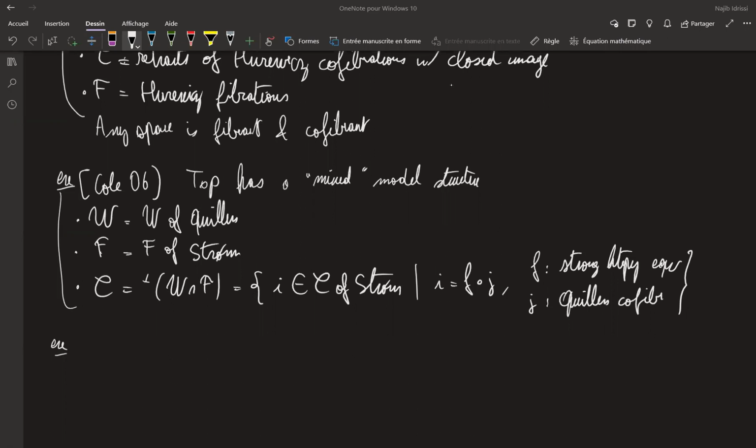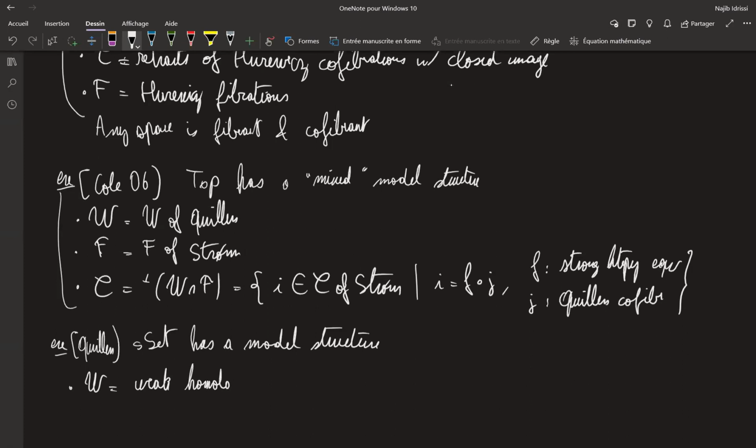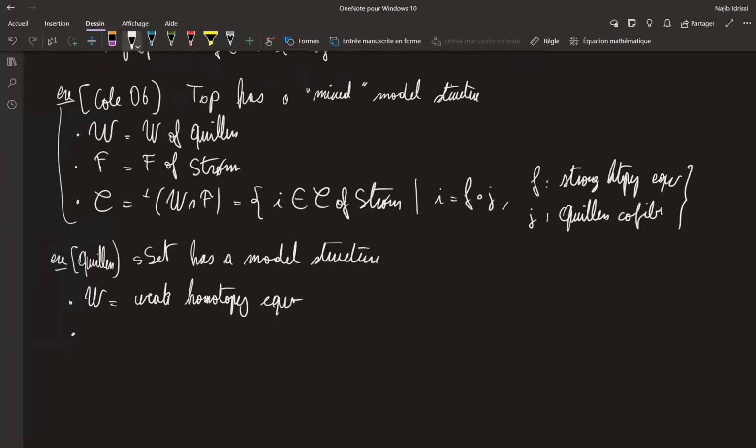All right, let me give other examples. You have the category of simplicial sets. This one is also due to Quillen, I think. So simplicial sets has a model structure. Weak equivalences are, well, you can guess, weak homotopy equivalences. Cofibrations are just injections.